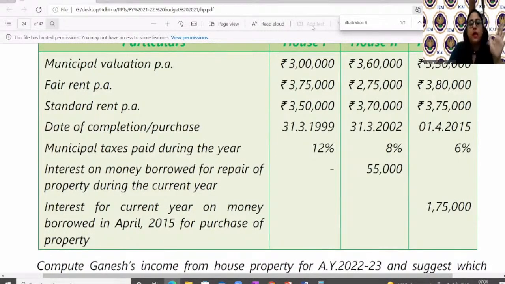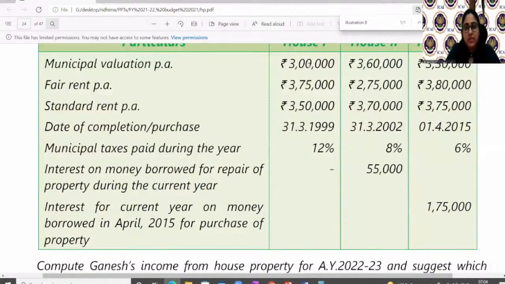Let's calculate the value for house number 1. For house number 1, between municipal valuation, fair rent and standard rent, obviously fair rent is higher, and standard rent is higher still. We do not have any actual rent to compare it, so in all these situations our expected rent would be the gross annual value. So expected rent is 3,50,000.